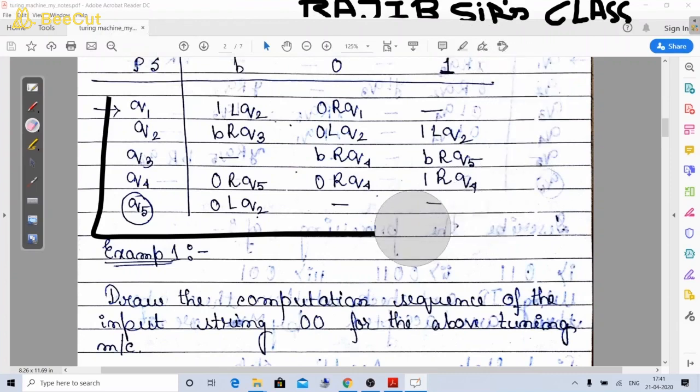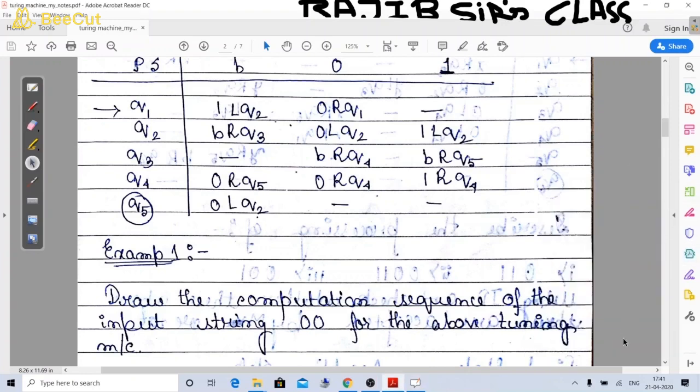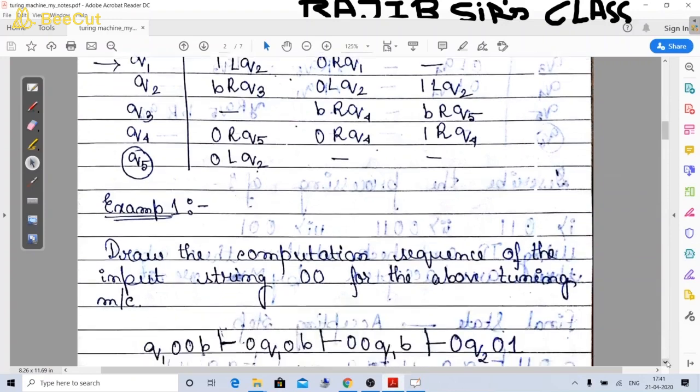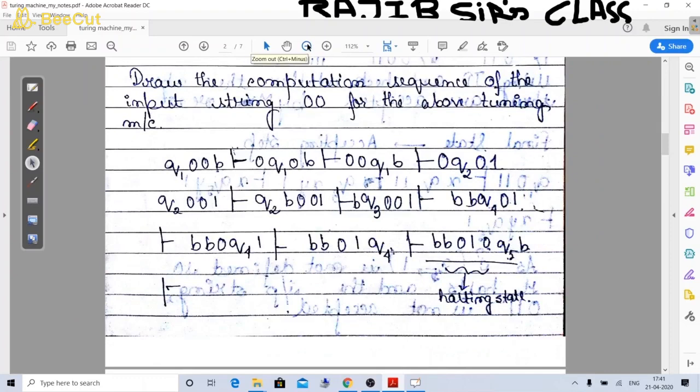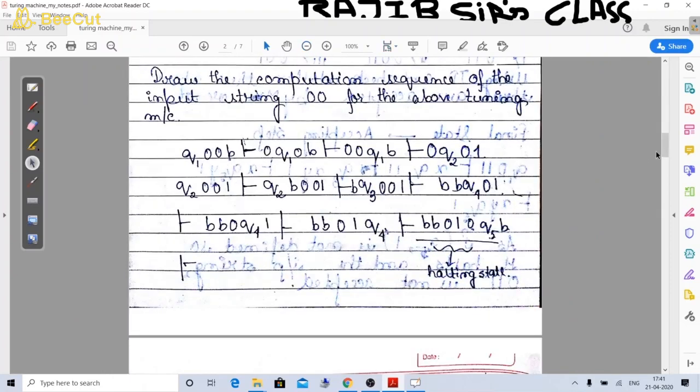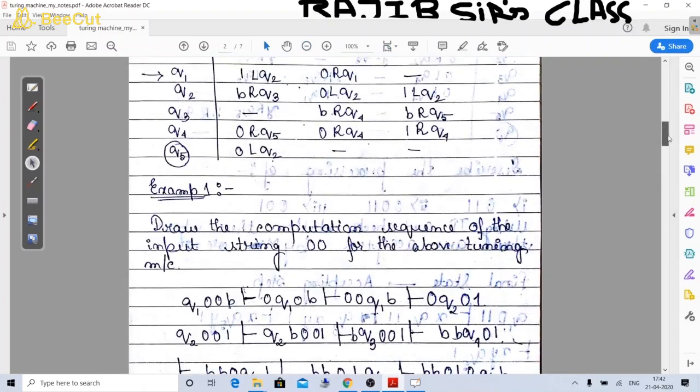Okay, so now I am going to explain the next part, which is basically the entire computation steps of 00 in this Turing machine. Now I'm doing a little bit of zoom out, which can be easier for you to understand.